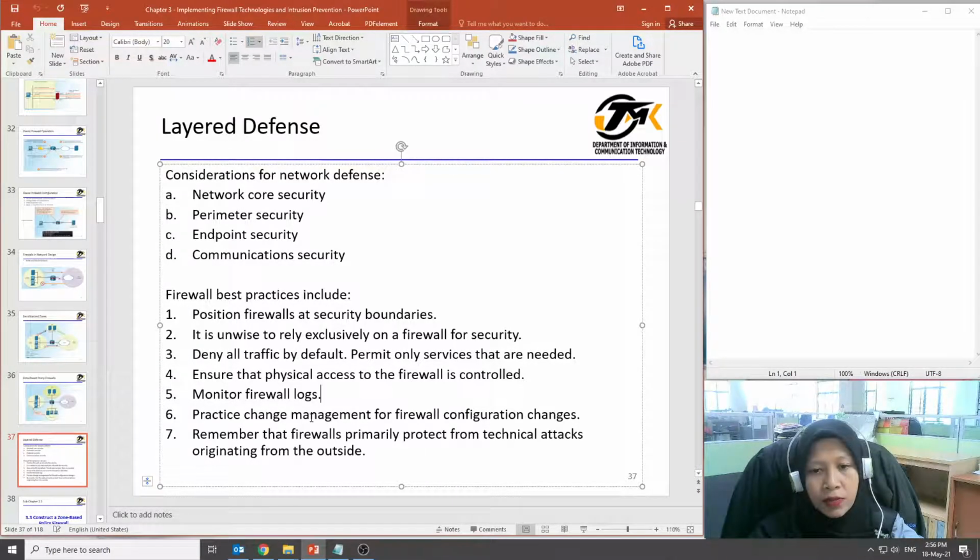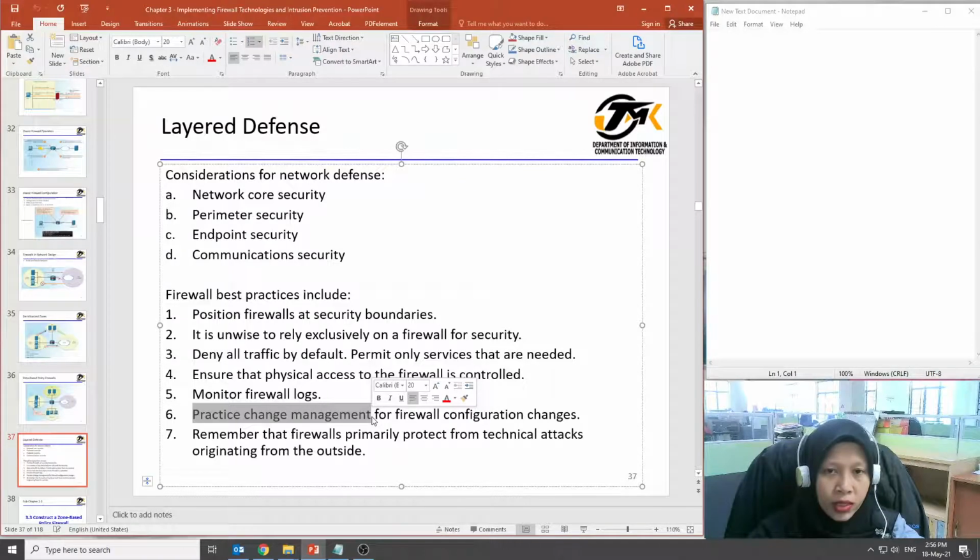Practice change management for firewall configuration changes. What is the meaning of change management? Sometimes the firewall configuration needs to be configured again and again, especially when you have a new additional server added to the network, or an expansion of a particular local LAN.